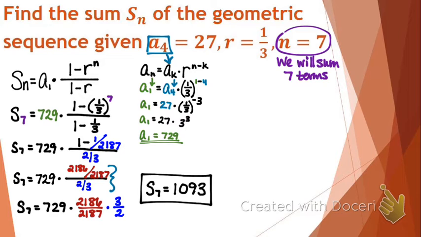If I divide 2186 by 2187 in my calculator, it's really close to 1, right? That's going to be really important in just a minute when we talk about finding the sum of an infinite series. Because where did the exponent of 7 come from? The number of terms.